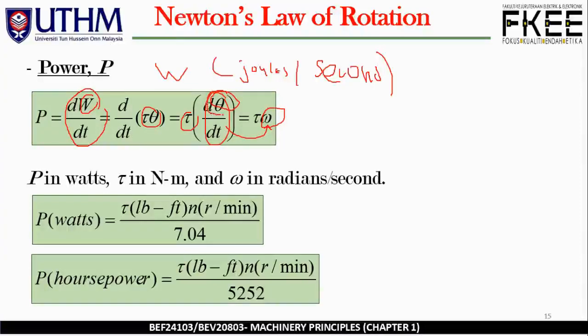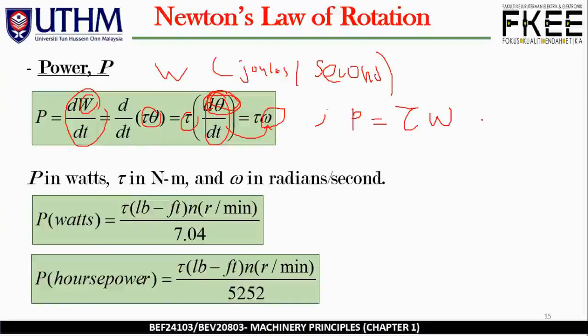Remember, the unit is radian per second. In a similar form, we can simply write that P in rotational motion is equal to torque times omega.